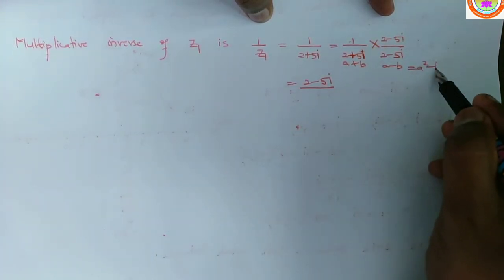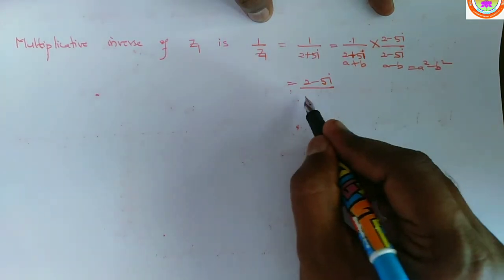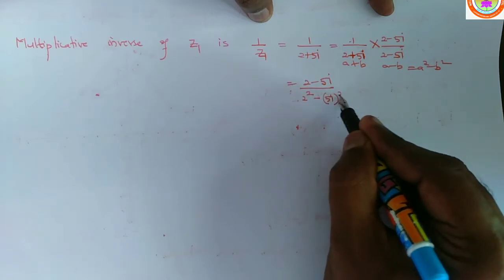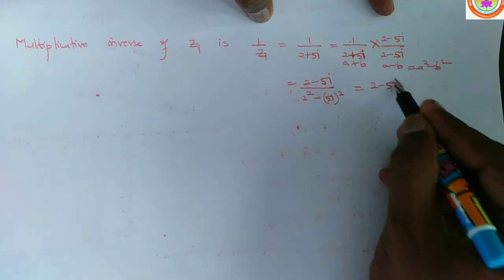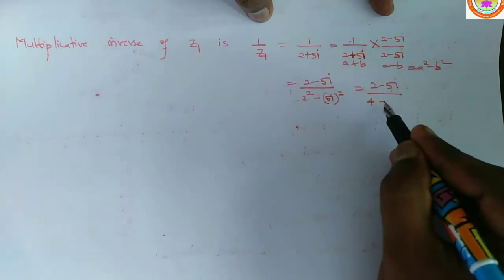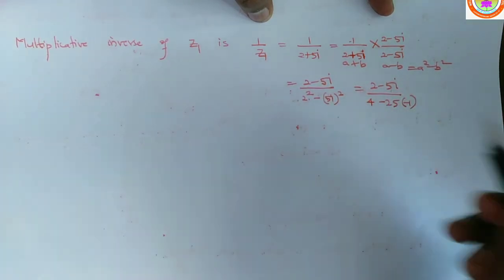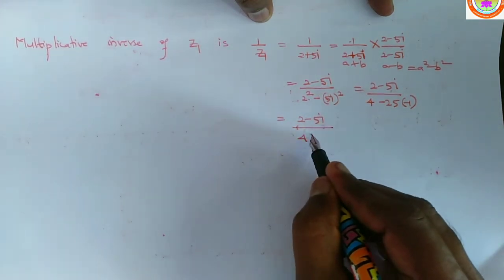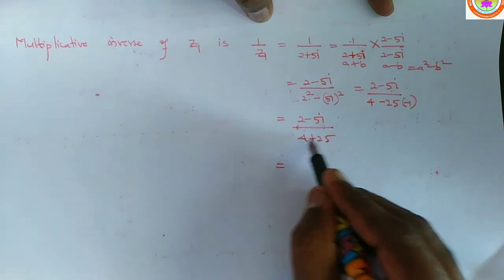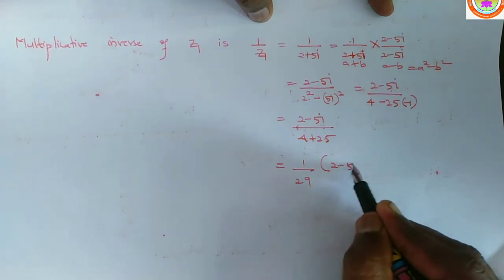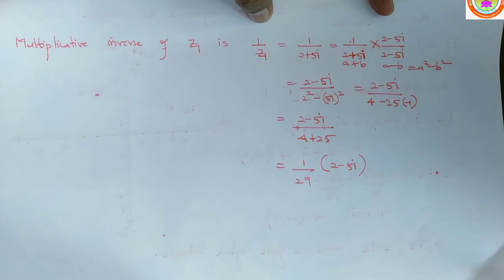The formula is a square minus b square: 2 square minus 5i the whole square. 2 square is 4, 5 square is 25, i square is minus 1. So the answer is 2 minus 5i divided by 4 plus 25, which is 29. So 1 divided by 29 times 2 minus 5i.